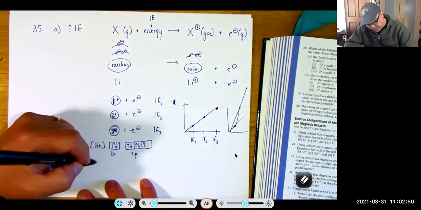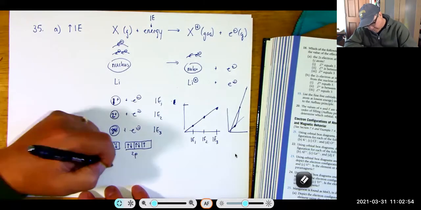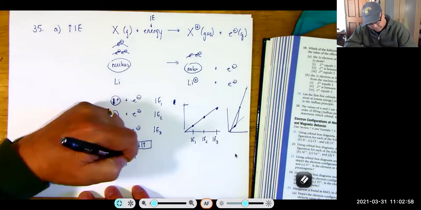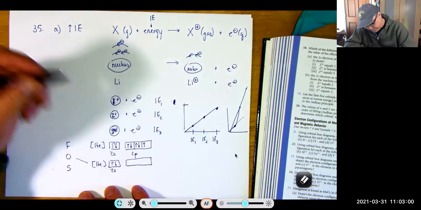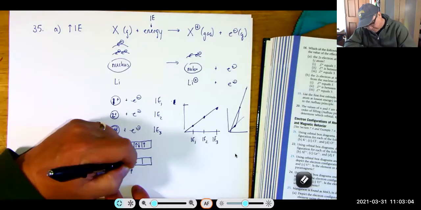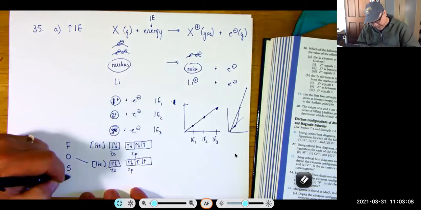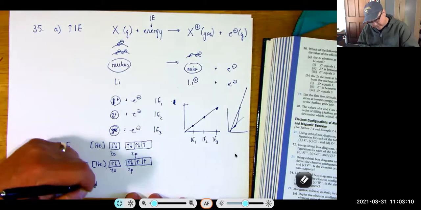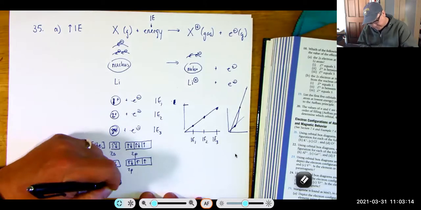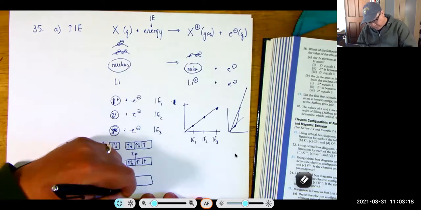For oxygen, it's going to be helium, 2s2, 2p4. And for sulfur, it's going to be neon, 3s2, and 3p4.